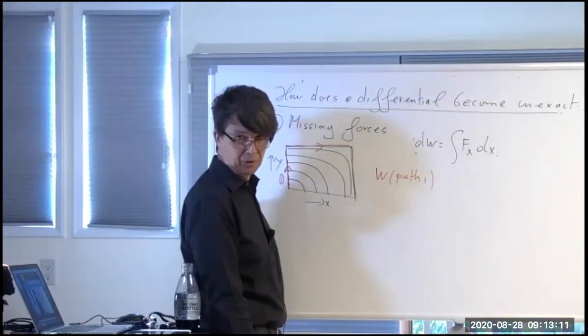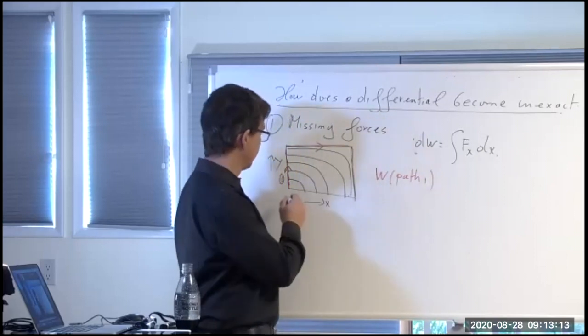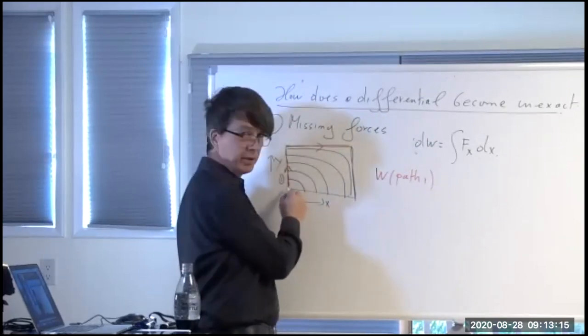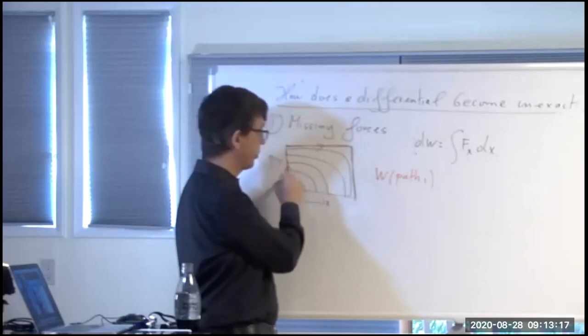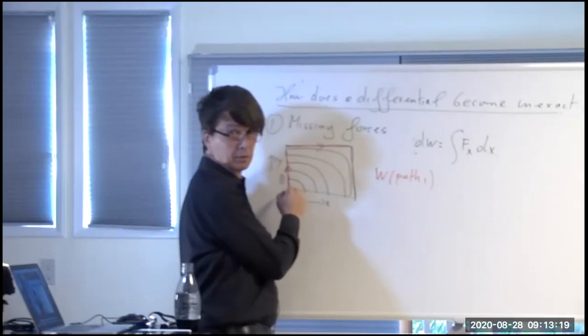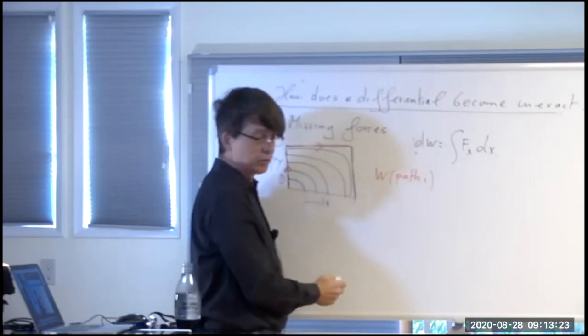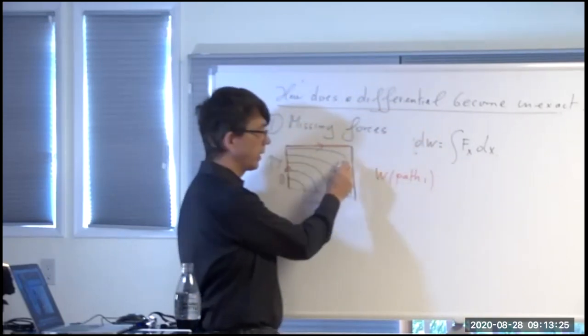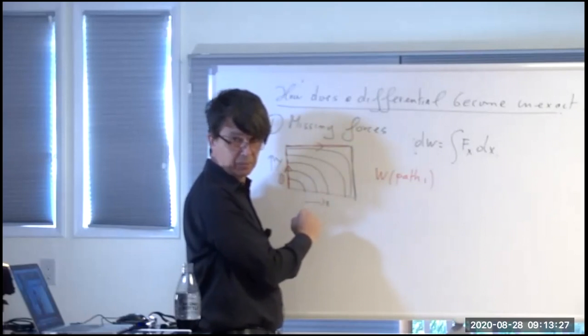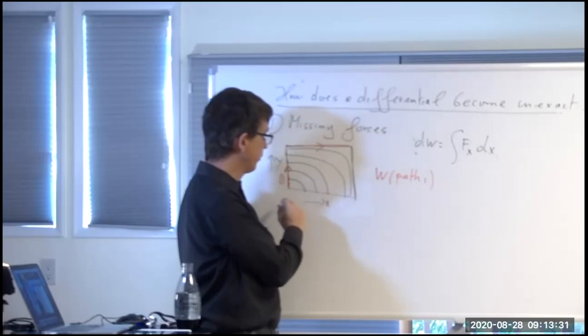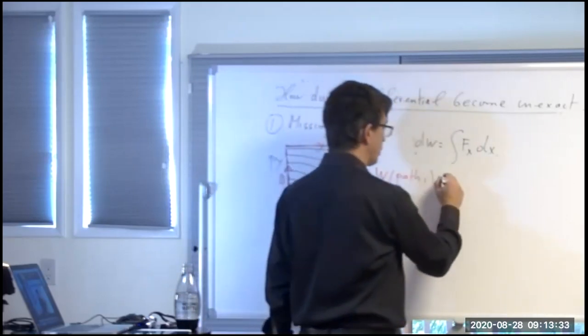I feel like we should be doing polls. Okay, there's 2 pieces to the path here. When I go up here, the work is 0 because there's no dx, right? So when I go this way, I have dx, but I have no force because there's no gradient, right? So I have no force in the x direction. So the work along this path is 0.